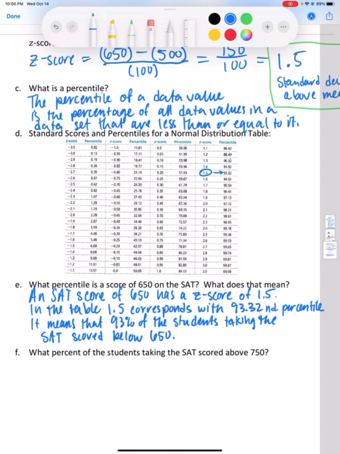Let's take a look at one more thing. What percent of the students taking the SAT scored above 750? To calculate that, the key is above, so not below. The percentile is all catered to below a score. So our main goal is to find the z-score of 750, then find the percentile of 750, and then subtract that from 100% to see how many score above. Number one, find the z-score of 750.